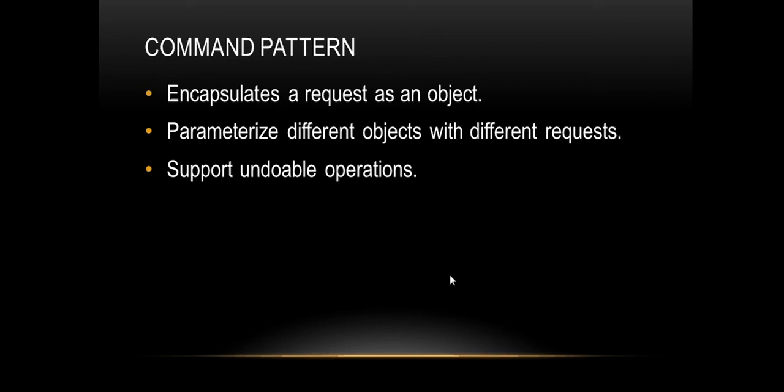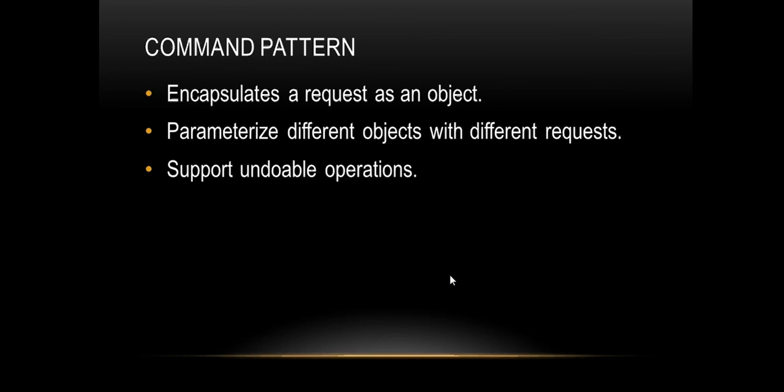A request of turning on the music player will be bound to one object, the request of turning on the audio recorder will be bound to another object, and it supports undoable operations. So if a request to turn the music player on is there, it should be undoable also.